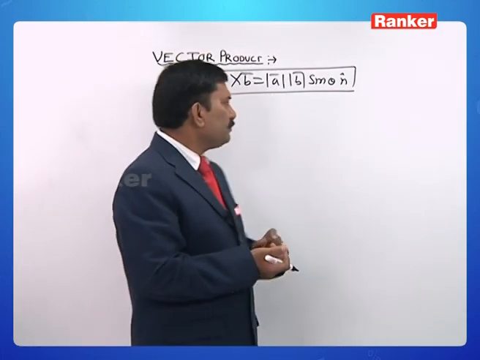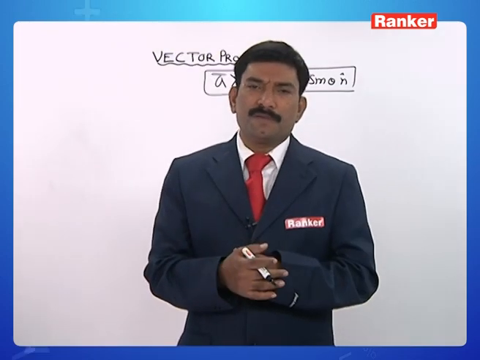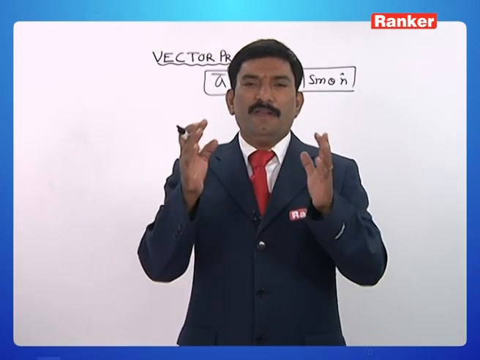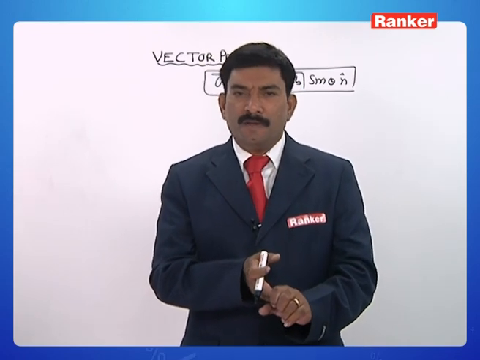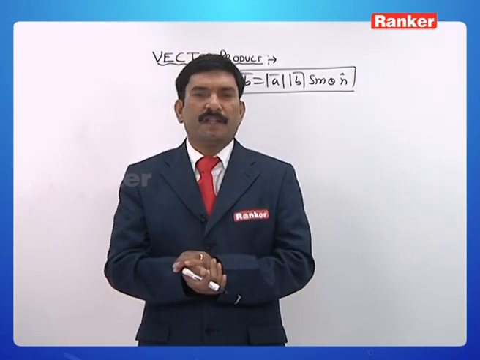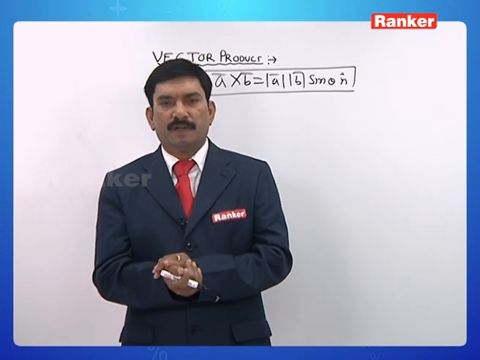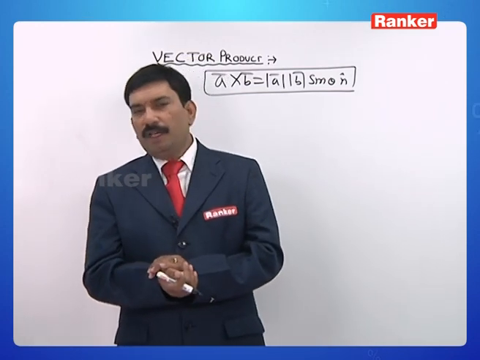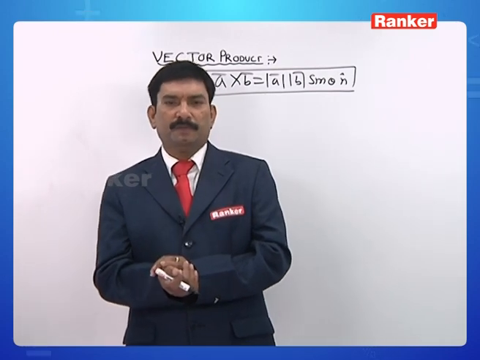So now, after knowing this, we went for a geometrical interpretation of cross product as the area of a parallelogram with adjacent sides A bar and B bar. We found the area of the triangle with sides A bar and B bar as half into modulus of A bar cross B bar. We found the area of a parallelogram with diagonals A bar and B bar.